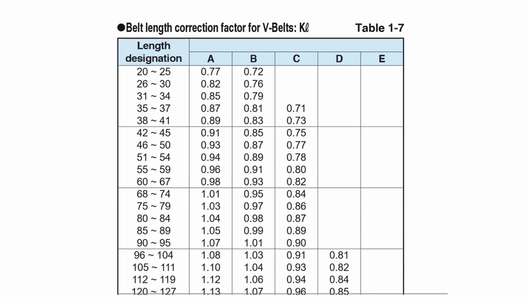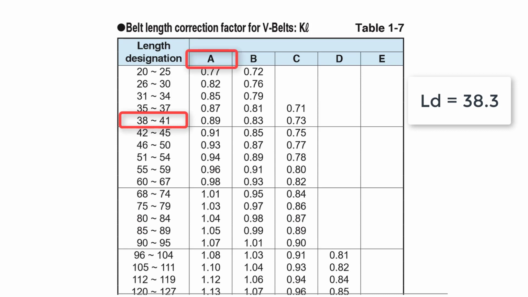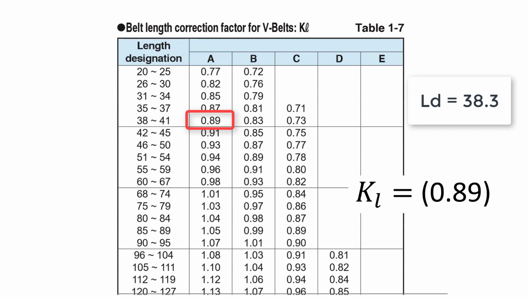In this table, the first column is the length designation or our belt length, and all the other columns are each section type: A, B, C, D, and E. Since our belt length LD is 38.3, we are in this category. And we use type A for our belt, so our KL value is 0.89.